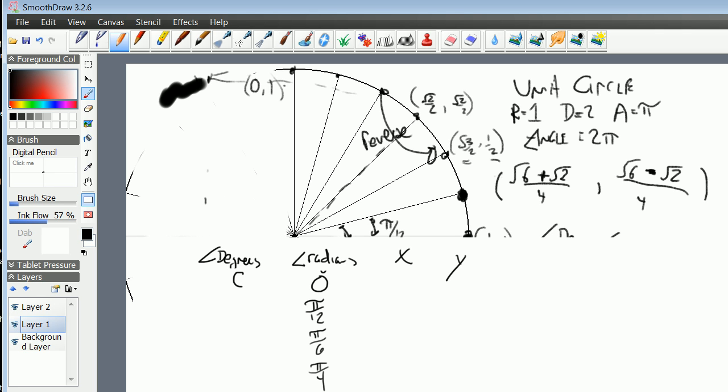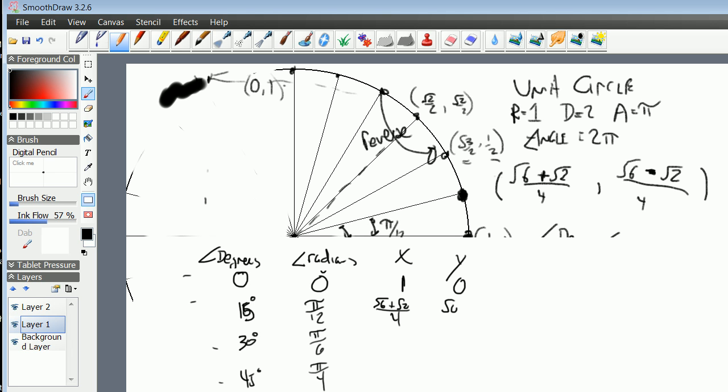So 0 degrees, 15 degrees. You can probably write 15 better than that. 30 degrees, and then 45 degrees. And if you know these 4 points, you pretty much can deduce the rest of the unit circle. Remember, the x is 1, the y is 0. In this case, the x is more than the y, so it's the square root of 6 plus the square root of 2 all over 4.